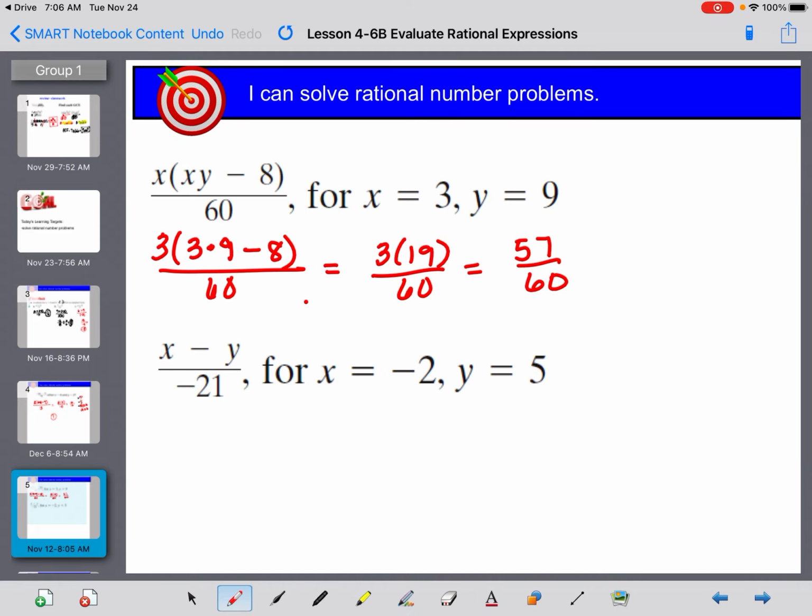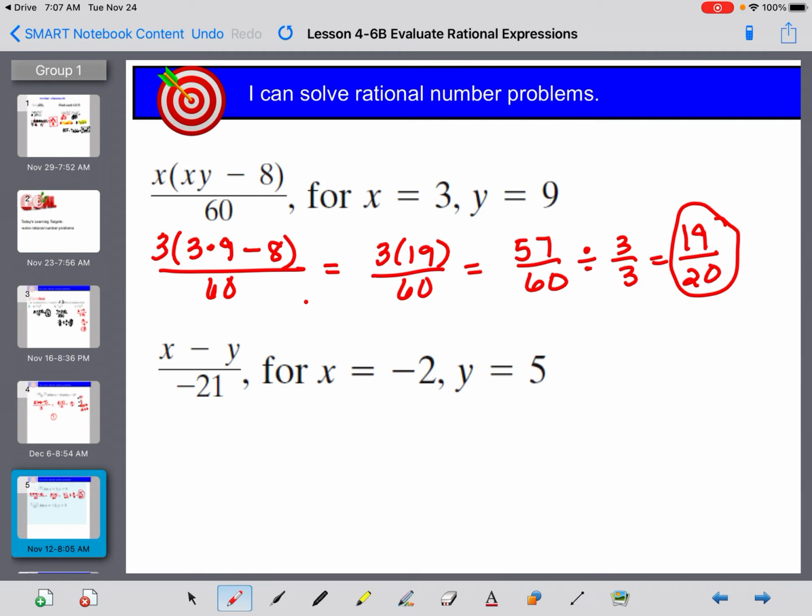Now, I'm going to use my divisibility rules to see that 5 plus 7 is 12, so I know that that's divisible by 3. So I'm going to divide both the numerator and the denominator by 3, and then see if I can do more from there. And I get 19/20. That looks pretty simplified to me.